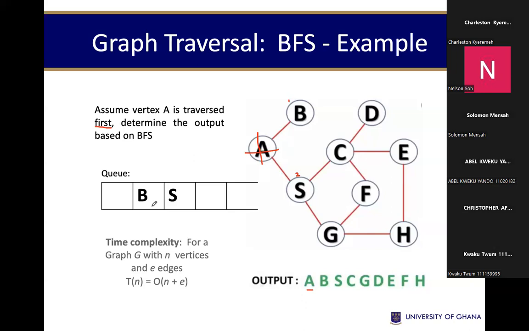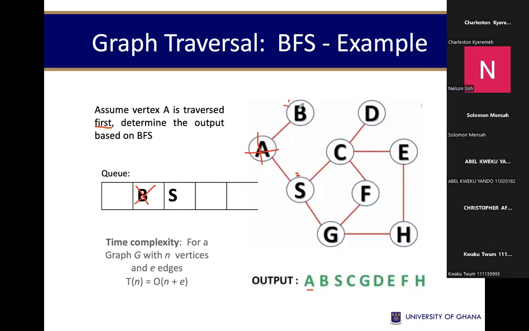All that the queue knows is that once that method is called, it has to check the front of the queue and remove whatever element is there, the first element. So if I call DQ, it is going to pick B. If it picks B, B will now be taken off the queue. In other words, we assume that it has been visited.